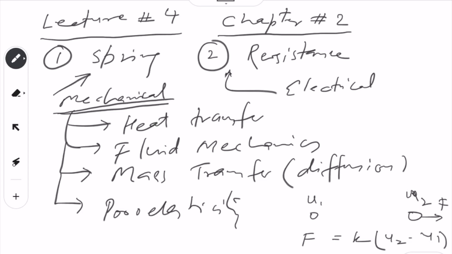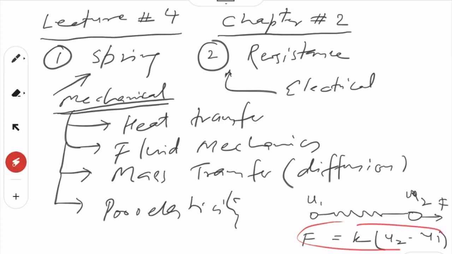As long as we have this relationship, f equal to k times u2 minus u1, you can formulate the problem in terms of finite element analysis. This relationship is important, and once you know that, you can go ahead with the formulation.